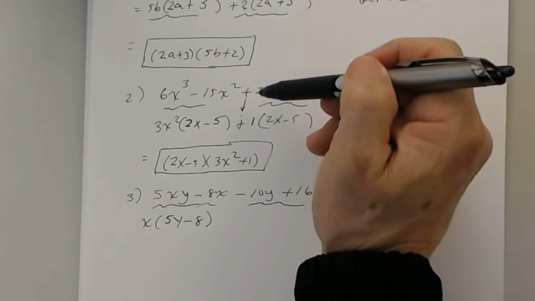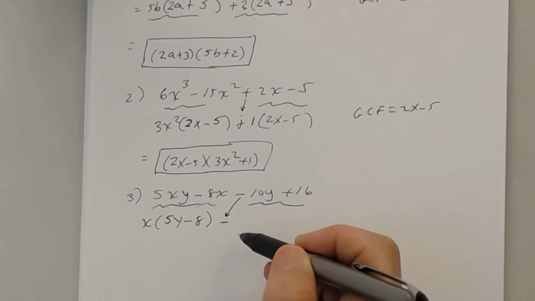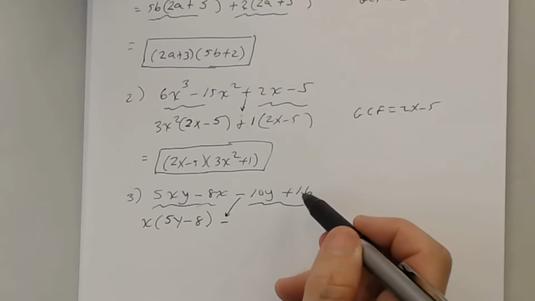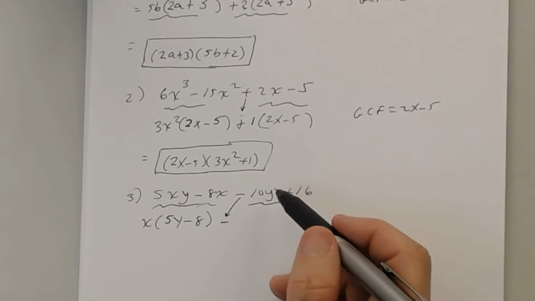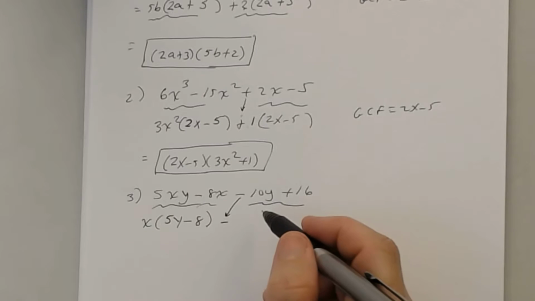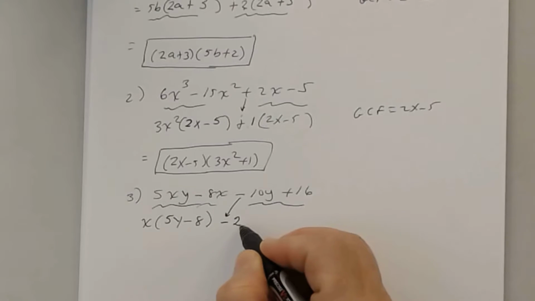This time, though, my middle sign is what? Negative. So I'm going to factor out a negative GCF. So if we look at 10y, and this is really negative 10y, if we look at negative 10y and 16, what's the GCF? 2. But I'm going to factor out a negative GCF. So it'll be a negative what? 2.